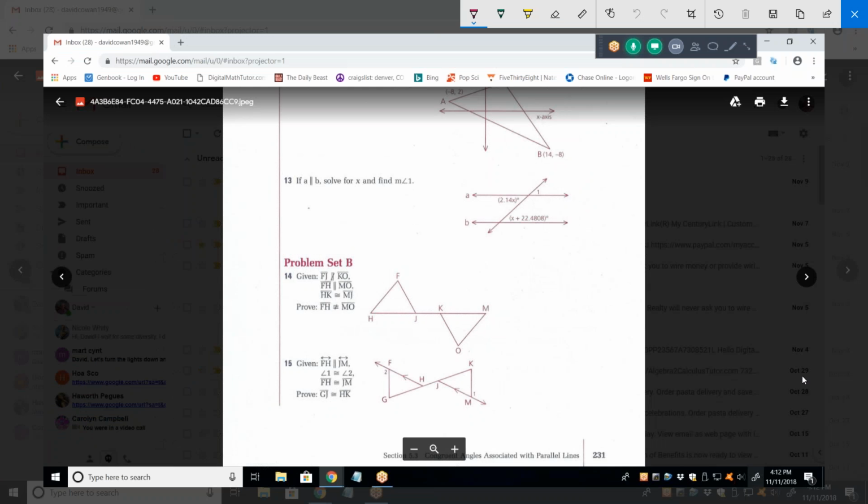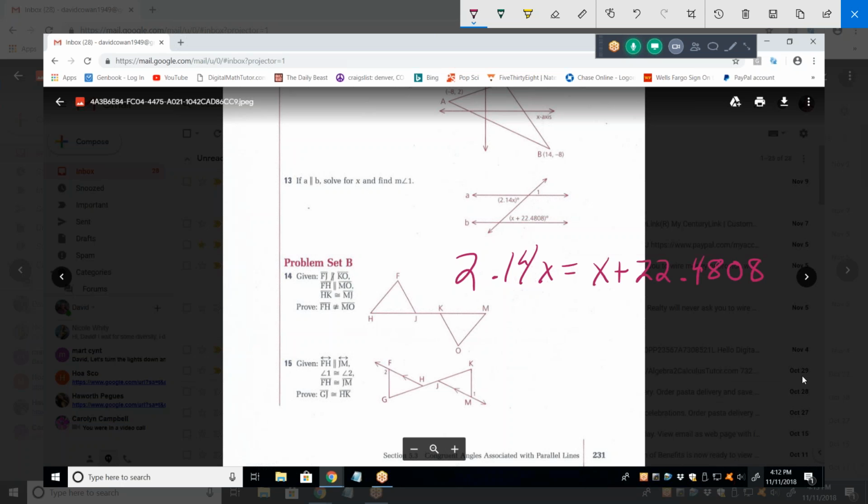So 2.14x is equal to x plus 22.4808. Must be some reason they use numbers like that. It must go in exactly a certain amount of times.